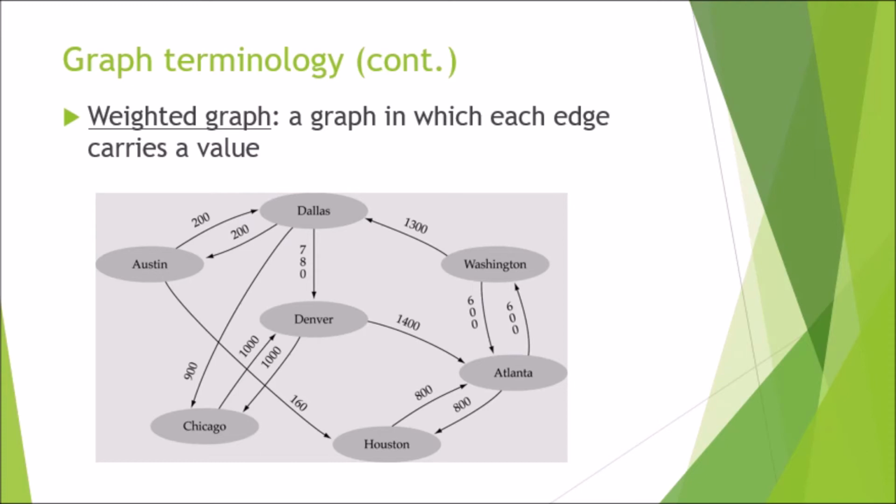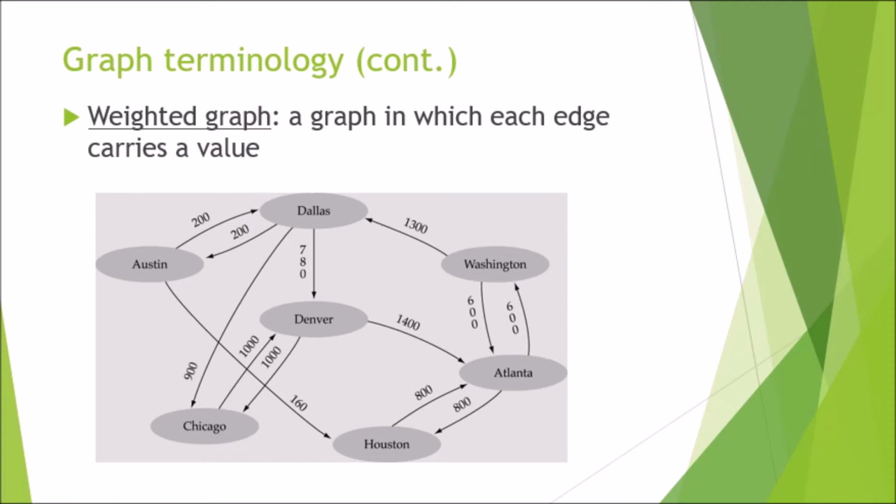Let's move on with another terminology, that is weighted graph. A graph in which each edge carries a value is called a weighted graph. For example, as we can see in this diagram, the cities are represented here and are connected with directed edges which have a value associated with them.